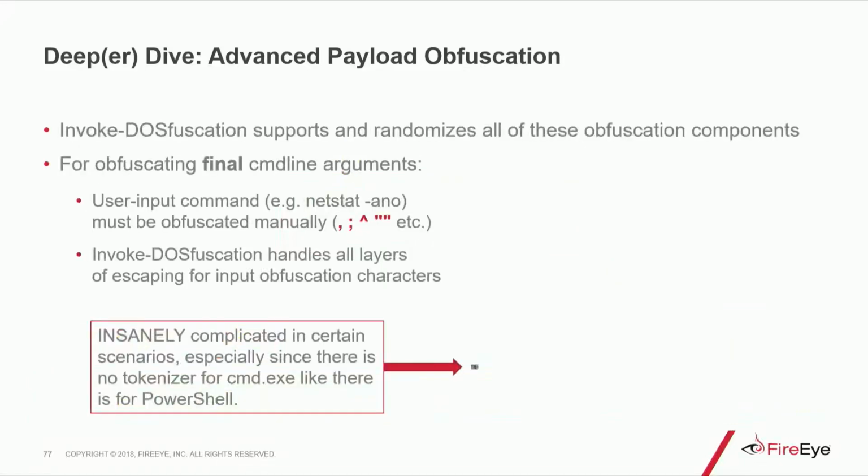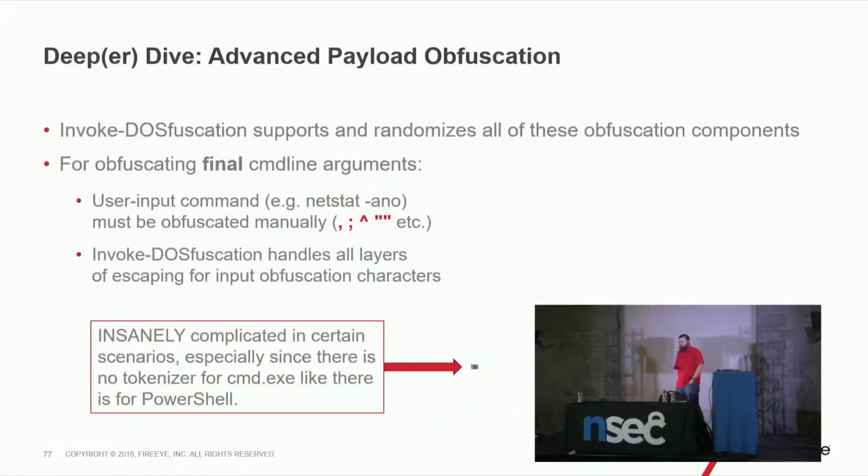So, in writing the tool, this became insanely complicated, to basically keep all these things in place. In doing PowerShell obfuscation, it was great because you have access to the language tokenizer to parse the command you're looking at, to know this is a string, this is a command, this is an argument. You could also have access to the abstract syntax tree to do all this kind of stuff. Cmd.exe doesn't have any of that.